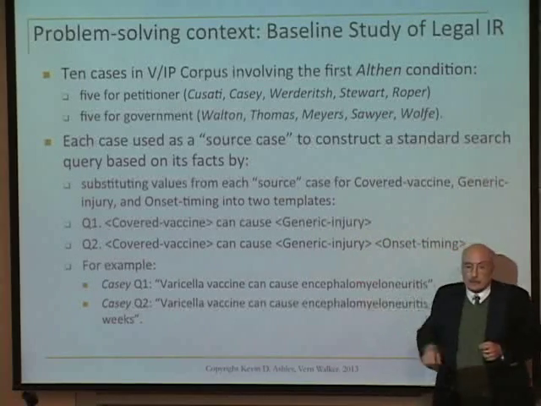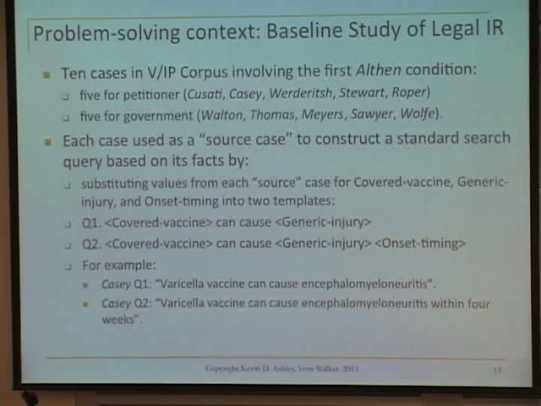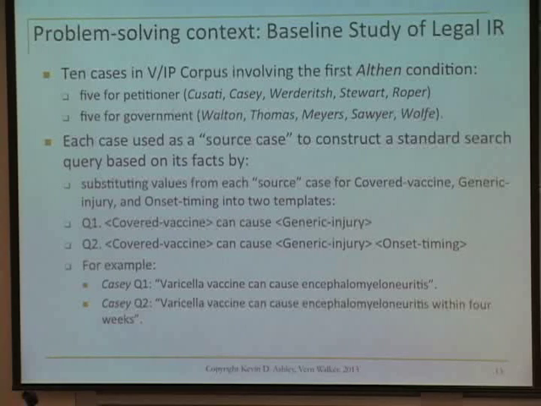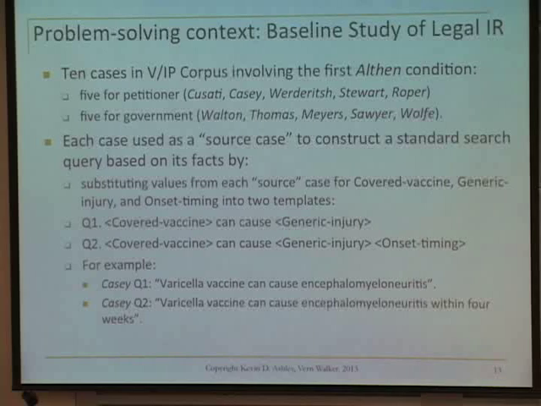The first one, Q1, was that the covered vaccine can cause the generic injury, and the second, Q2, the covered vaccine can cause the generic injury within a particular time period. These are simple queries, but not necessarily irrelevant.